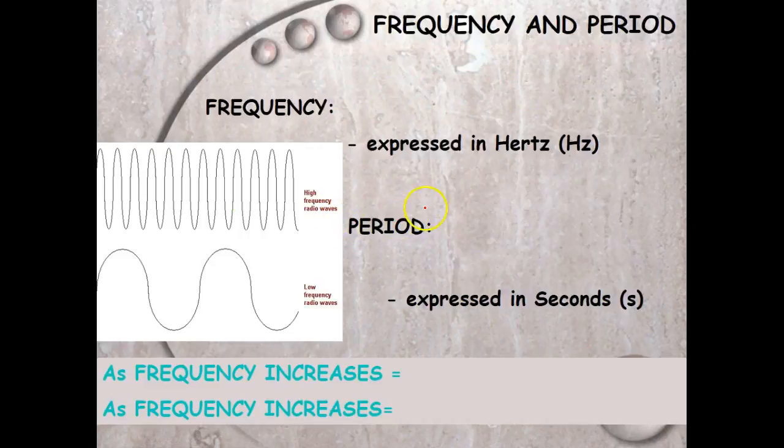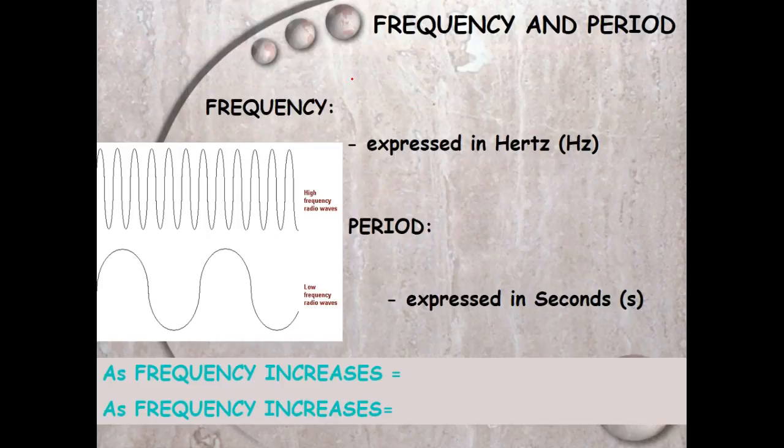Okay, so now that we know what the wave looks like and how we measure one wavelength, we can talk about what happens if we see a wave in action, kind of like this, going across. We can measure how many we see and how long it takes for this to happen. There are a couple of new terms we have to talk about. The first term is frequency. If I ask you how frequently you do something, you'll be talking about the number of times you do it. Do you do it often? Do you not do it often?